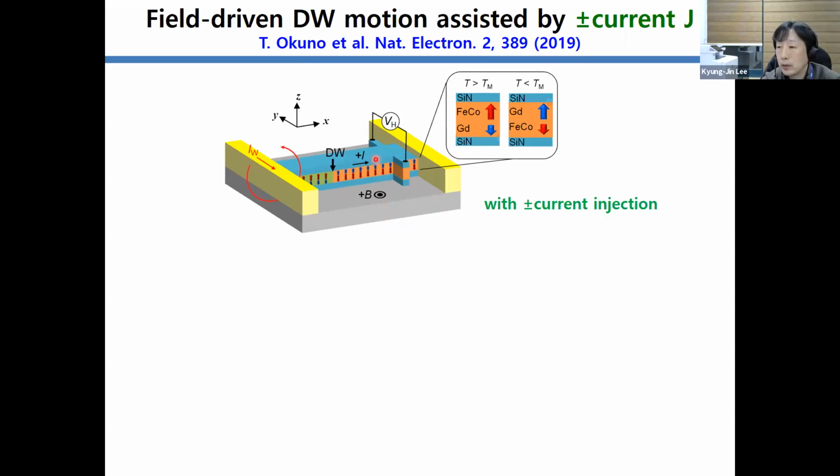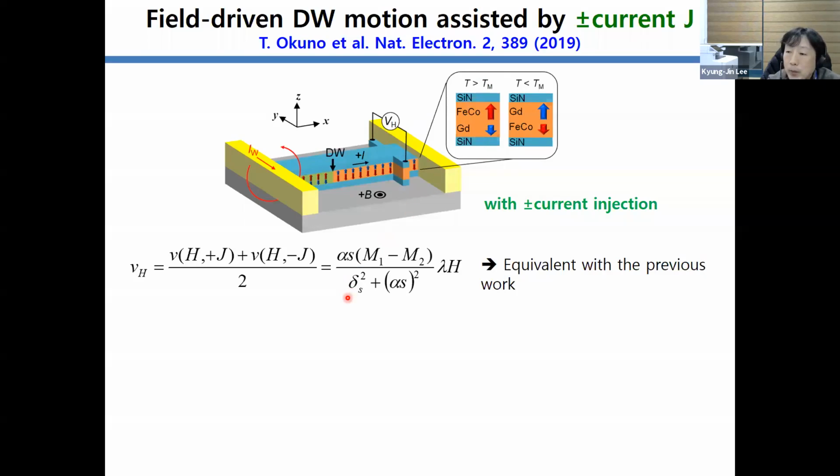So we inject the plus current and minus current and compare the results and try to find out what the spin torque contribution is. In this sample, we do not have heavy metal and they are nominally symmetric, so we expect that there is no spin orbit contribution.